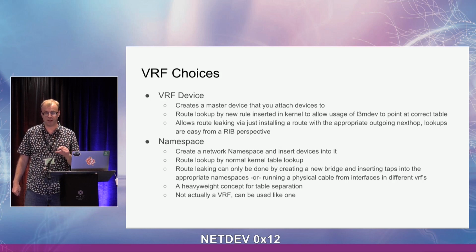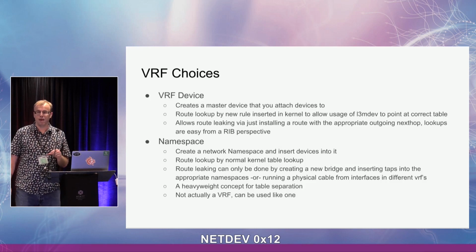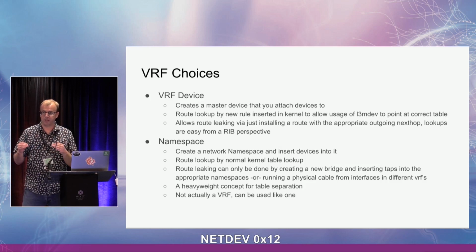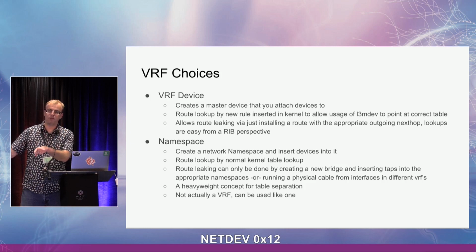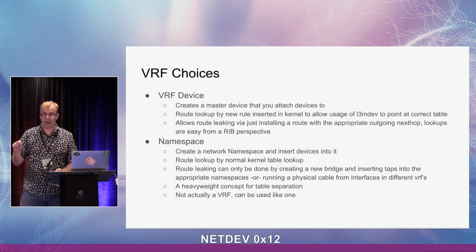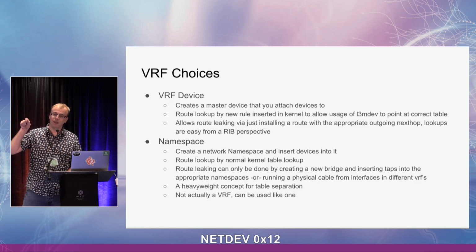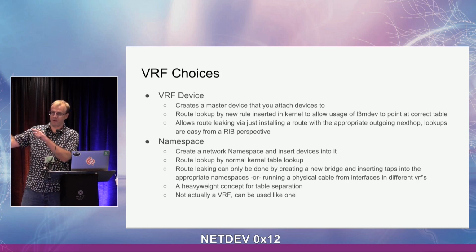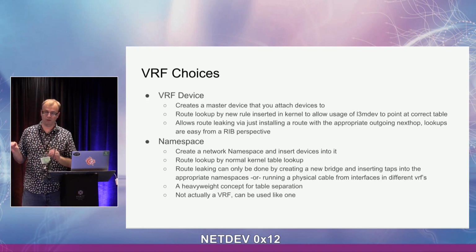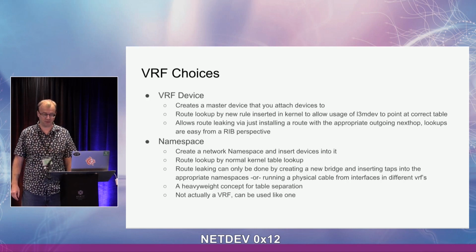The real big caveat here is that route leaking can only be done by creating a bridge outside the namespace and installing taps into the different namespaces. Or I need to go to the front panel, where I've put those interfaces in different namespaces, and plug the cable in between the two of them. So that's how I can leak between namespaces.